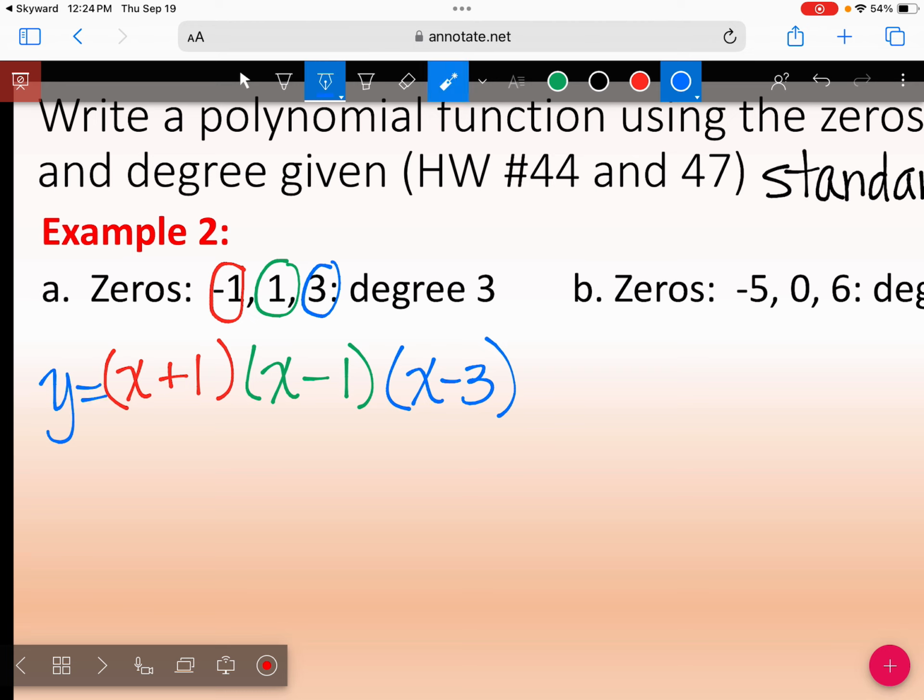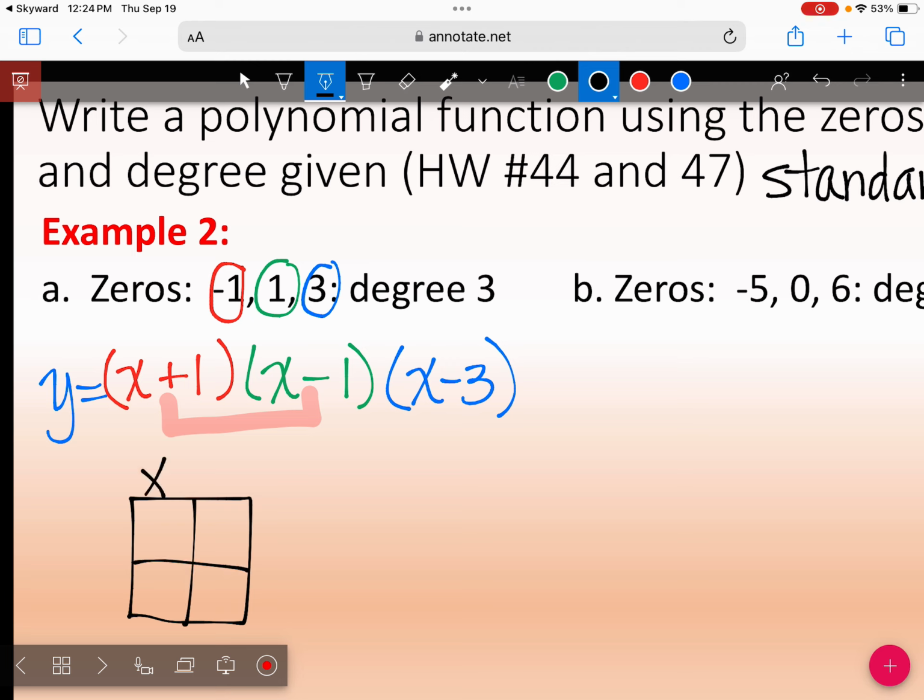Now, hopefully you know what this is going to equal without making a box, because that's the difference of squares. But if you don't, you can make a box. I won't be making a box, but you can. So feel free to multiply that out to see what you get.